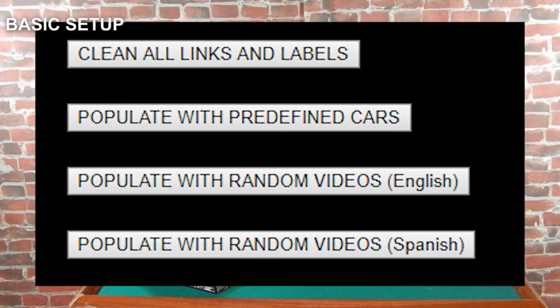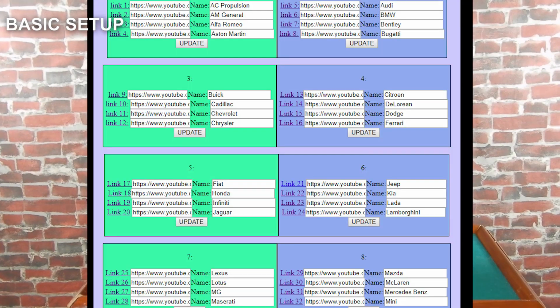Now, scroll down to the bottom, and you're going to see some links or buttons here. And let's hit, for example, populate with predefined cars. Okay? You hit that, you're going to see a warning and hit OK. So you'll see all the links will be filled with all the brands.